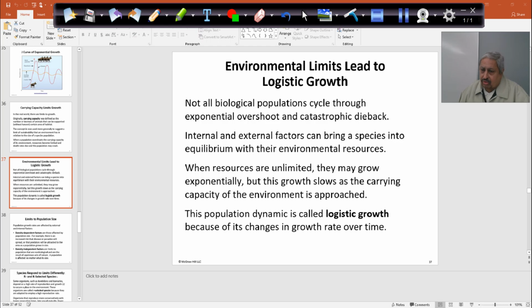But this growth slows as the carrying capacity of the environment is approached, meaning the resources are becoming limited, becoming smaller. So this population dynamic is called logistic growth because of its changes in growth rate over time.